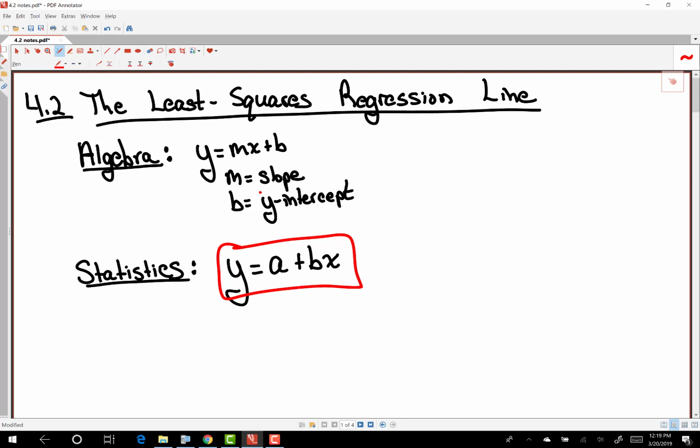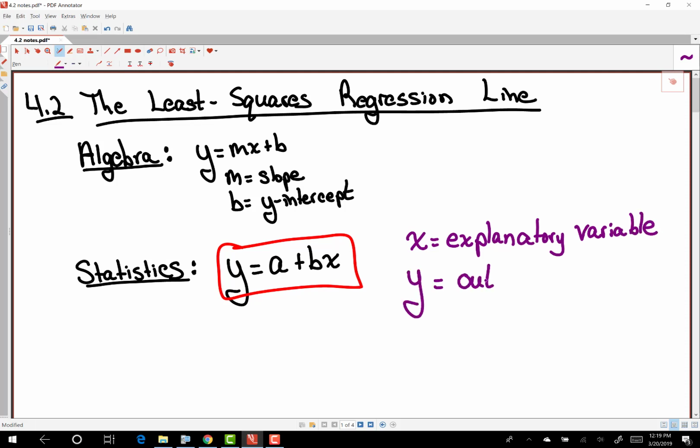It's like the m. And x is what we call the explanatory variable. It's also the independent variable. And y is the outcome variable, or the dependent variable.